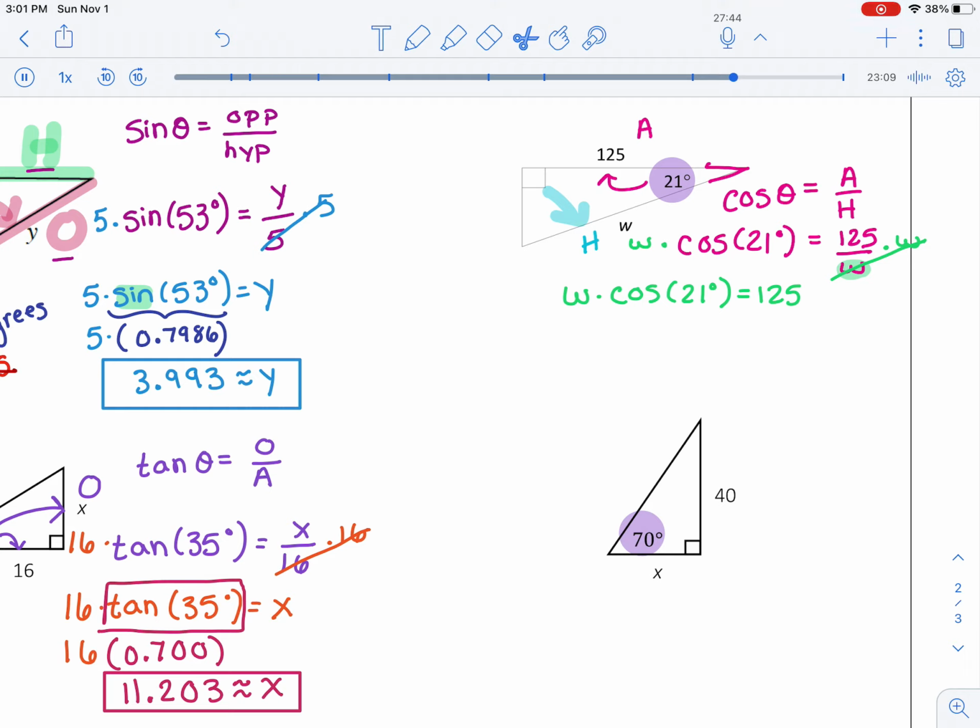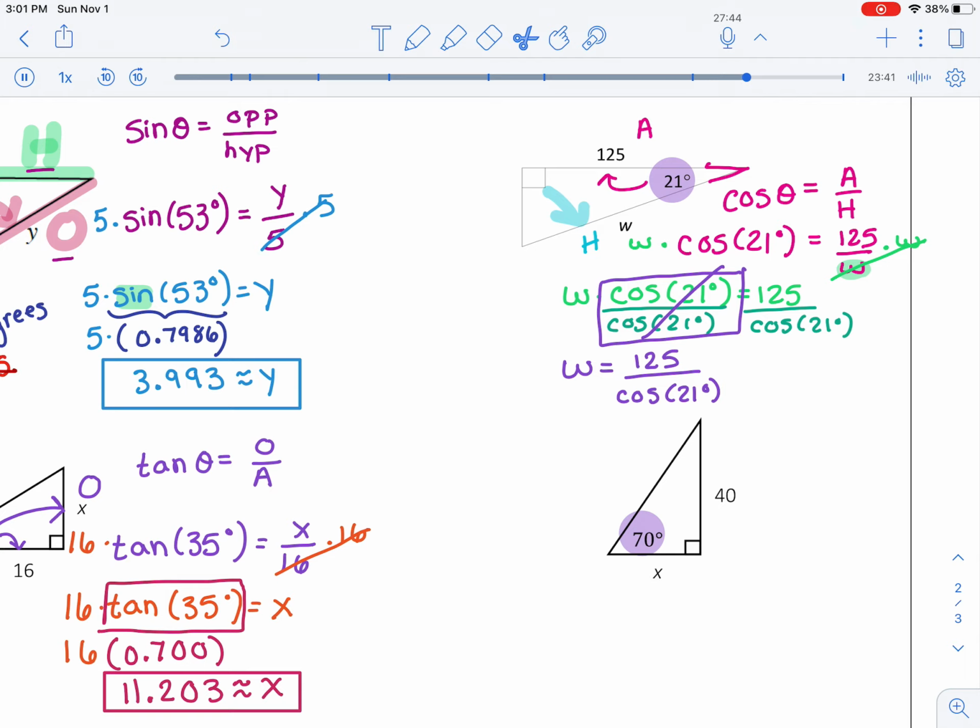Now I'm going to divide both sides by the cosine of 21 degrees. And yes, we need to divide by the whole piece because it's the whole unit, the cosine of 21 degrees. So W equals 125 divided by the cosine of 21 degrees.